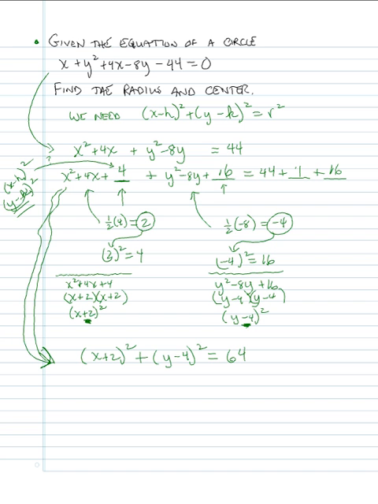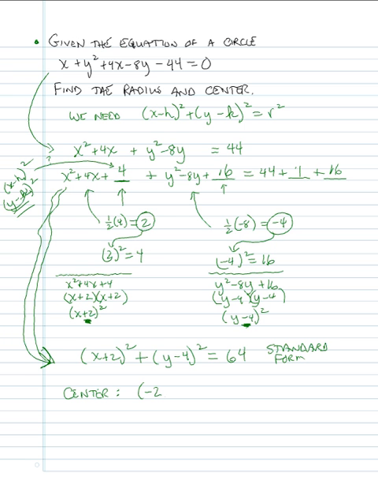So now that we have it in the standard form, we went from general to standard, we can read the center. The x value of the center is the number being subtracted from x. And so we'd have to say x subtract -2, since we have an x plus 2.